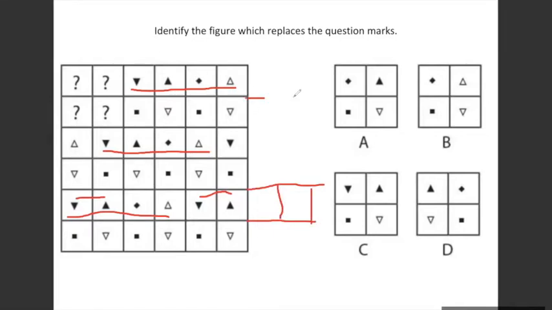Similarly, if I place 3 boxes on this side, I might be getting the same sequence again. If I keep 3 new boxes on this side, there's a possibility that I might be getting a similar sequence here.